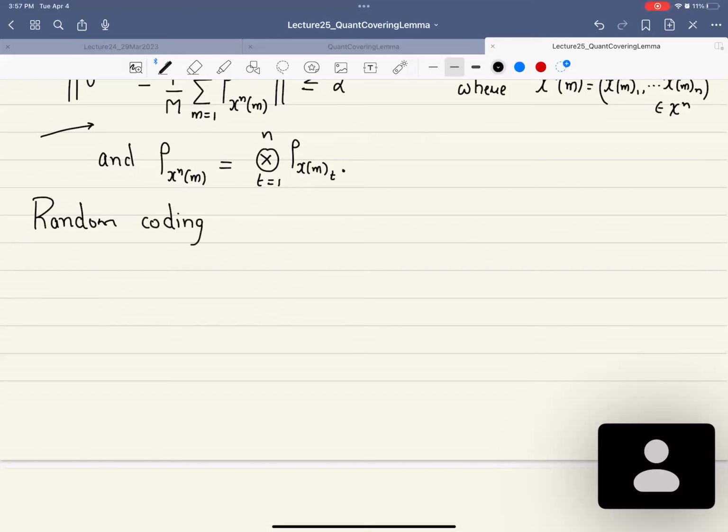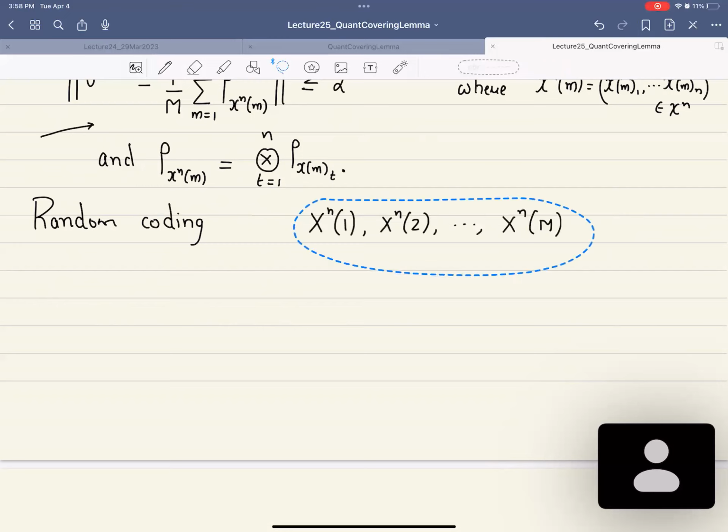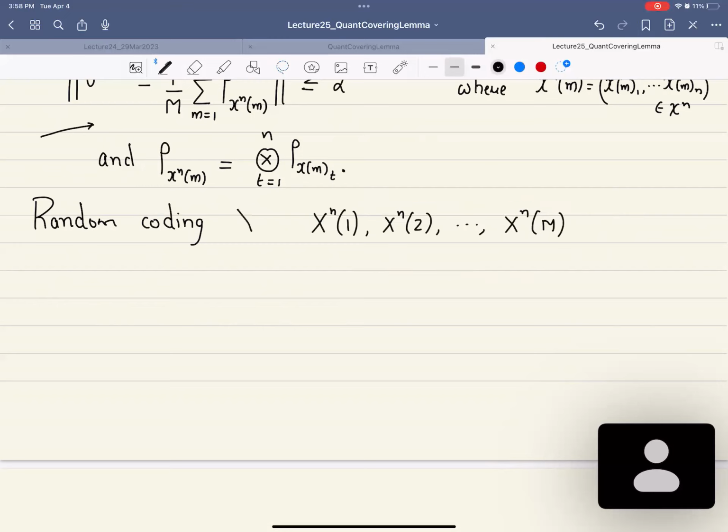The idea is, let me pick x^n(1), x^n(2), up to x^n(M). I'll call this a big vector x. This is my collection.